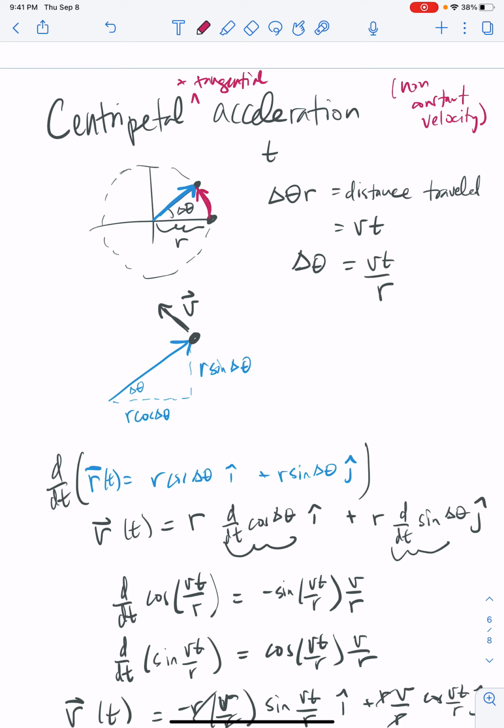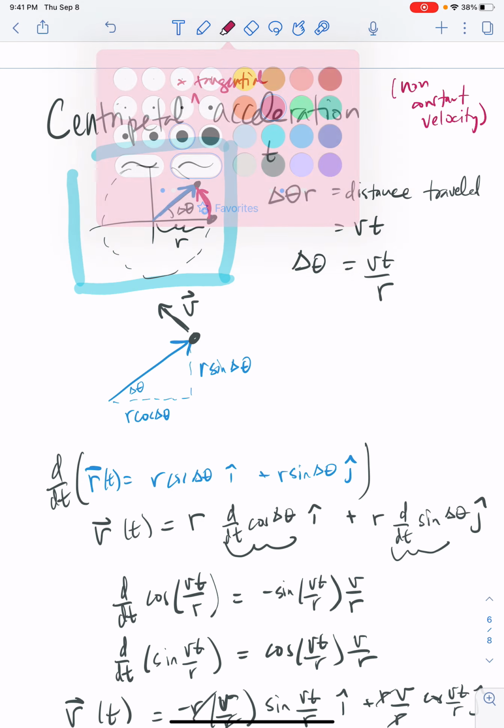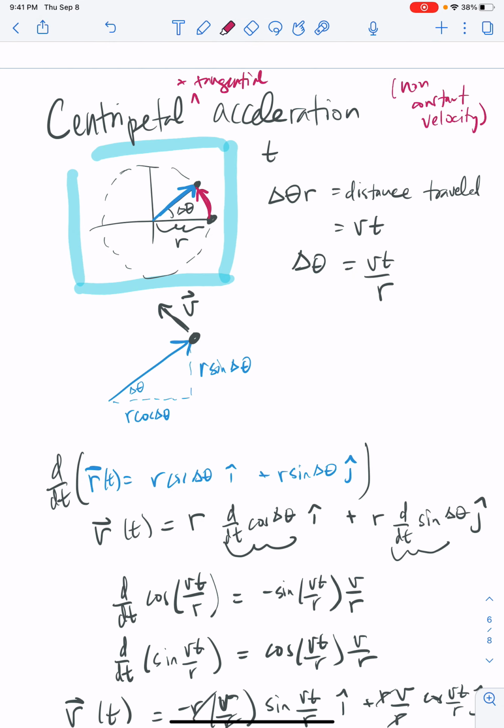Okay, so this initial sketch here is still okay, but if our velocity is not constant, then this expression for delta theta equals v t over r is no longer true, okay? And so we need to write this in a different way.